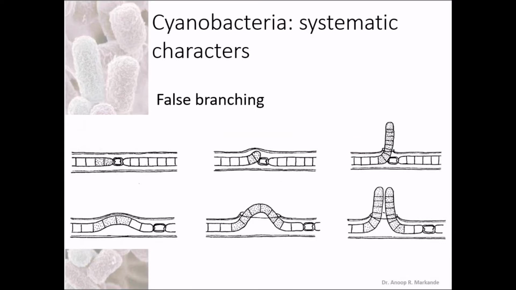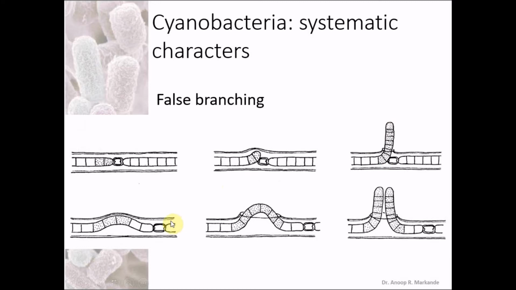We can see false branching within cyanobacteria, where in the presence of a heterocyst, the cells next to it turn and form a typical branch.